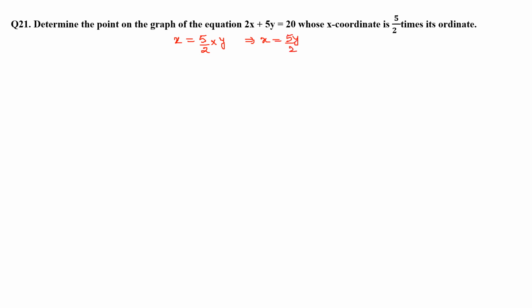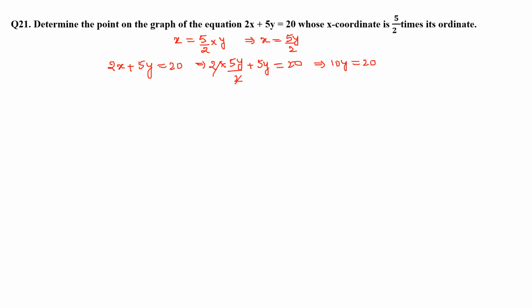Now you have to put the value of x as 5y by 2 in the given equation. So let's put it. 2x plus 5y equal to 20. So in place of x now you have to put 5y by 2 plus 5y equal to 20. Now 2 cancel. So 10y is equal to 20.